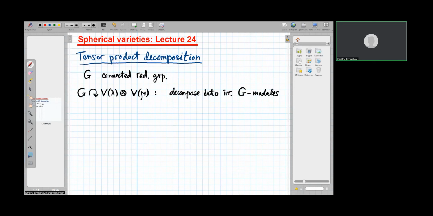This is a classical problem in representation theory. And here is a geometric approach to this problem. So the approach will be as follows.